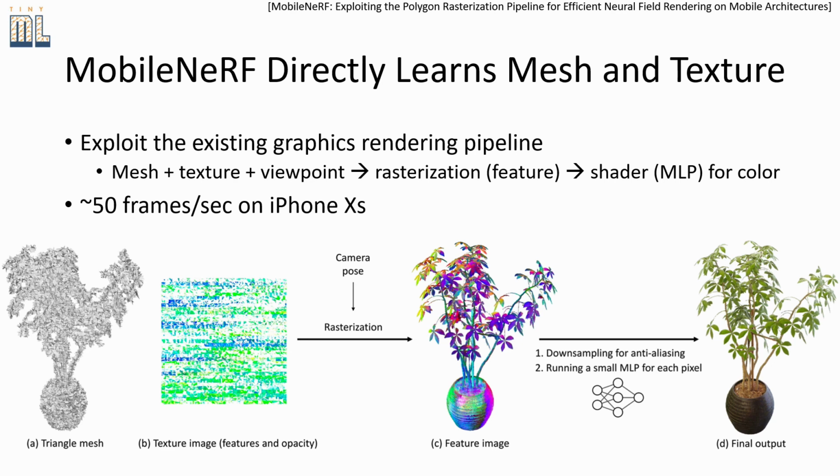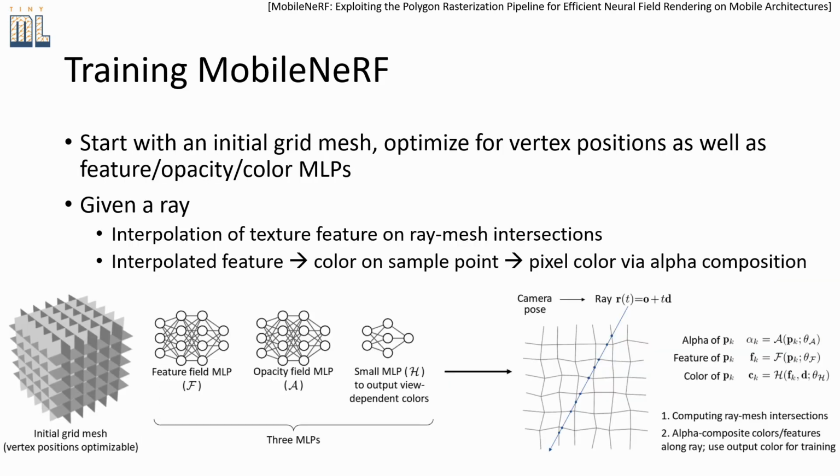So they start with an initial grid mesh, like this one. This is a kind of combination of voxel grid and mesh, actually, a grid mesh. And then, as usual, we shoot a ray to obtain the pixel color. And as you can see in this cross section, we will have the intersection points represented by the dots.